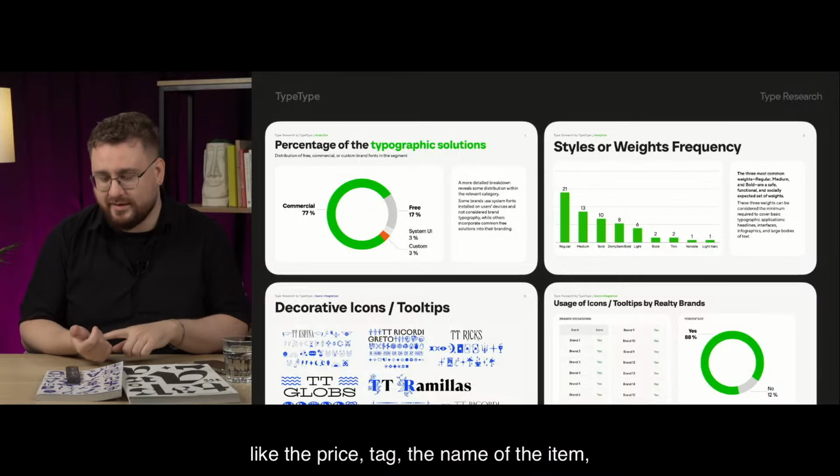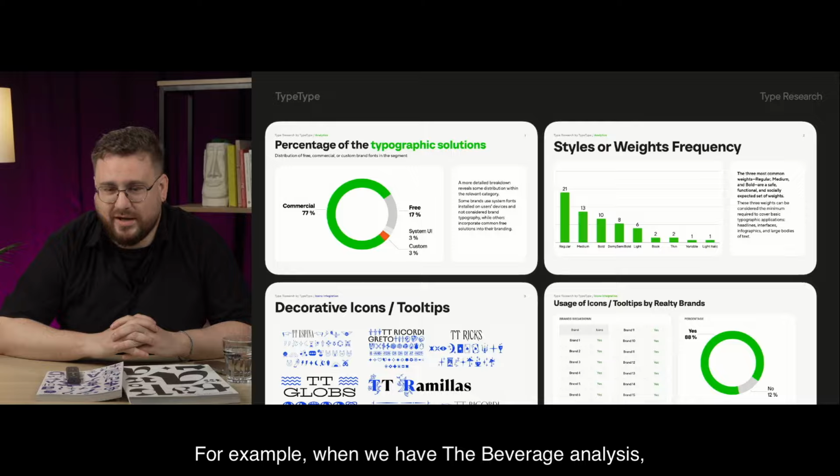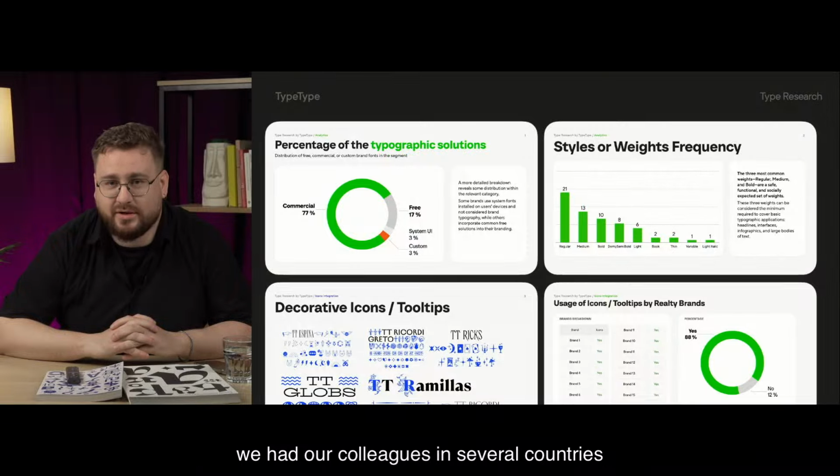If you talk about offline communications or, let's say, packaging, we go to the store worldwide, not only in one precise country of your presence, and we try to look at the shelf. And for example, when we had the beverage analysis, we had our colleagues in several countries just stand in front of a shelf and stare at it.